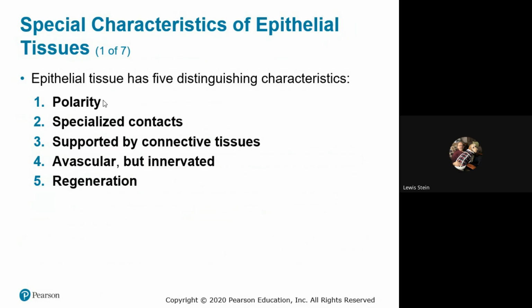Epithelium doesn't, but it has innervation, and yes, it's highly regenerative. It can regenerate even if you knock out a chunk of it, as long as you have some cells that can crawl down from the margins into the underlying loose connective tissue. They'll reform. Skin will do that.